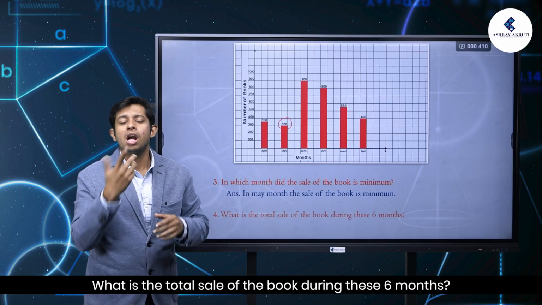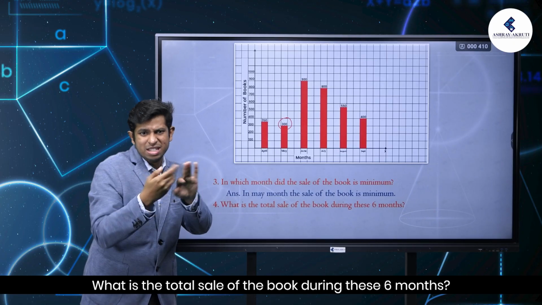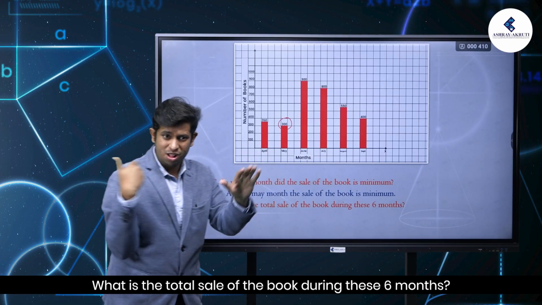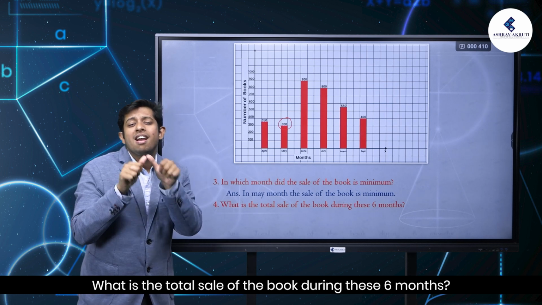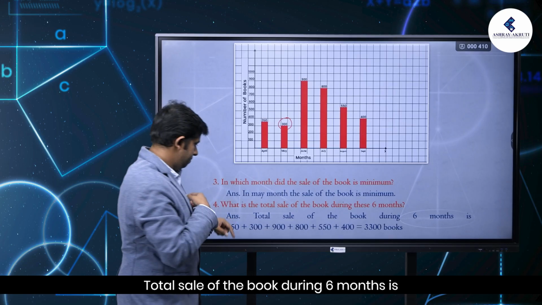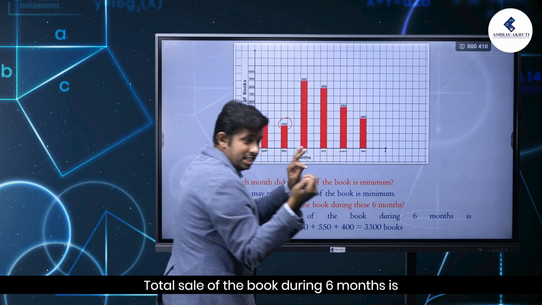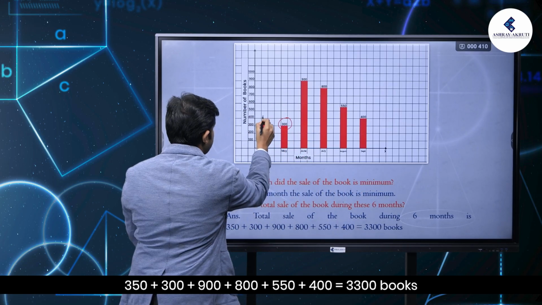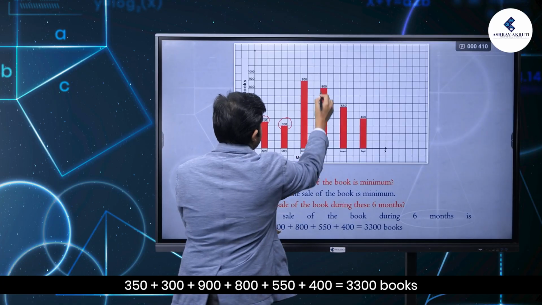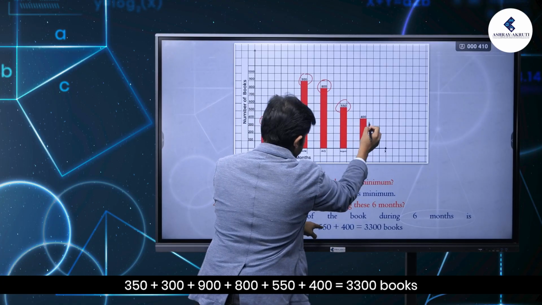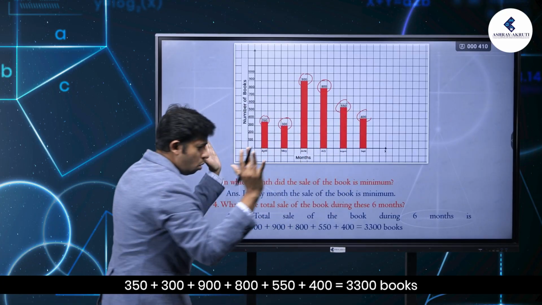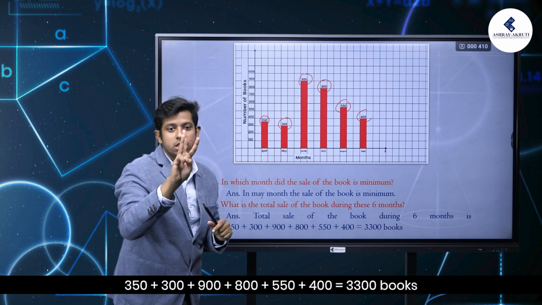What is the total sale of the book during these 6 months? Total sale of the book during 6 months is 350 plus 300 plus 900 plus 800 plus 550 plus 400 equals 3,300 books.